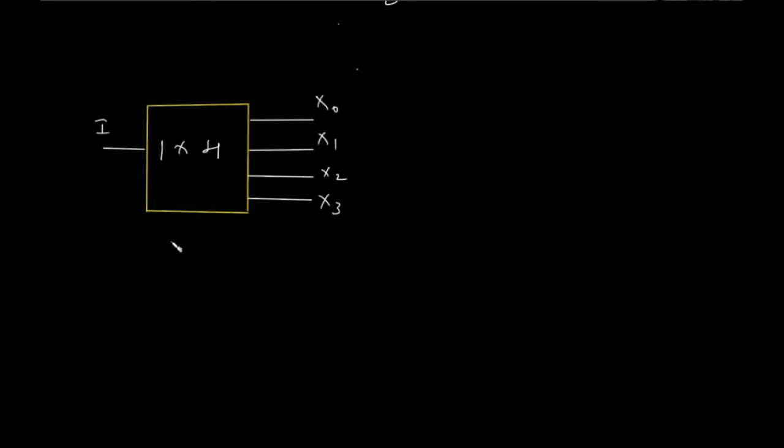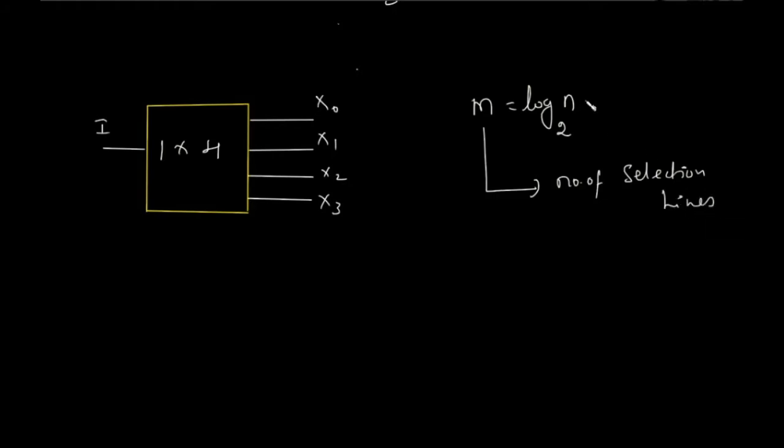How will you now select the number of selection lines? In the previous lecture with the 4 cross 1 mux, we had 2 to the power n input bits, where n is the number of selection lines. In the case of demultiplexers, you can use the formula m equals log n base 2, where m is the number of selection lines and n stands for the number of output lines.